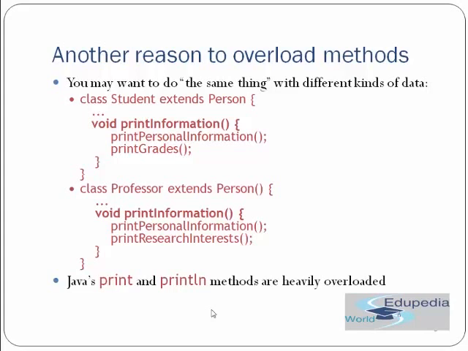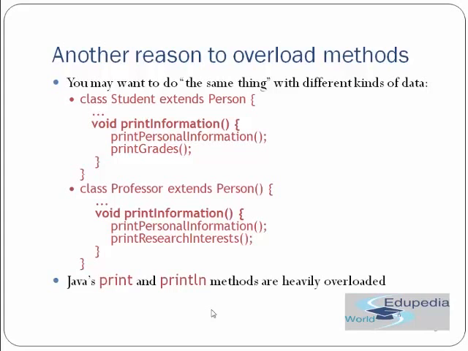So you may want to do the same thing with different kinds of data. In printInformation associated with the Student class, I want to print the information of a student, and in Professor I want to do the same thing but for the professor. So this is another reason to overload a method.